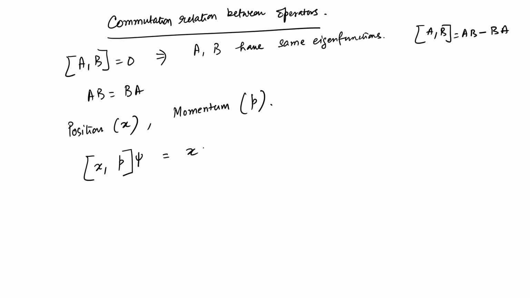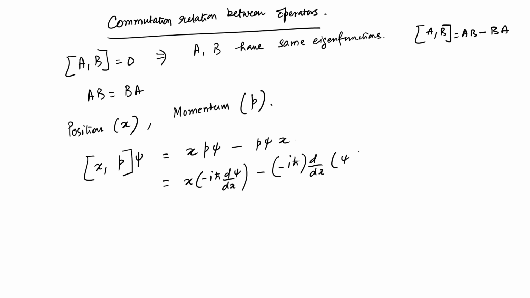So, this is equal to x p ψ minus p ψ x, and this is equal to x (−iħ d/dx) ψ minus (−iħ d/dx) (ψ x). Remember, ψ is of course a function of x and t, and x is the position operator.